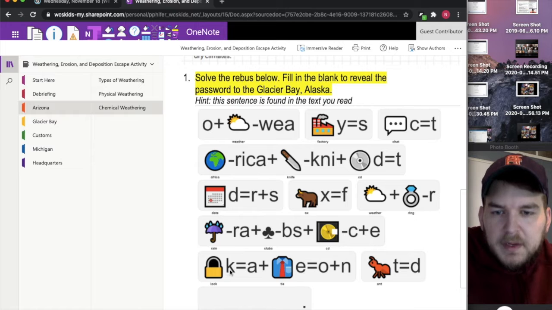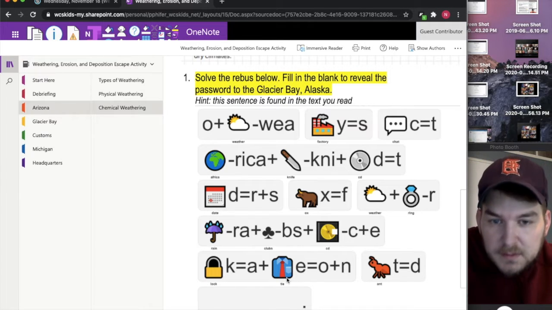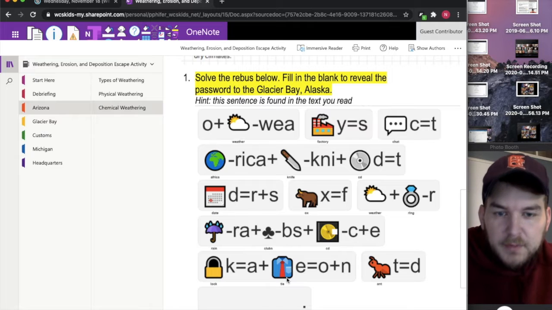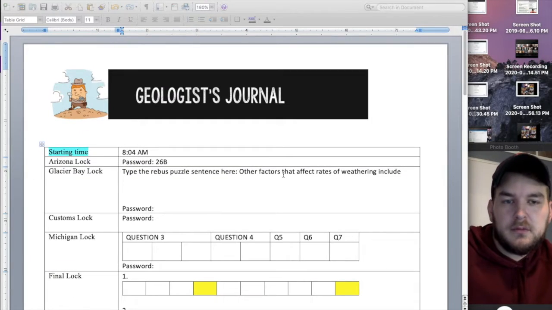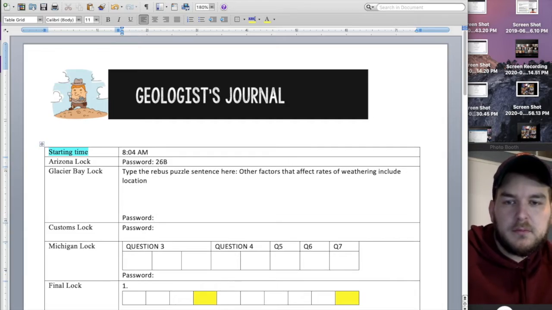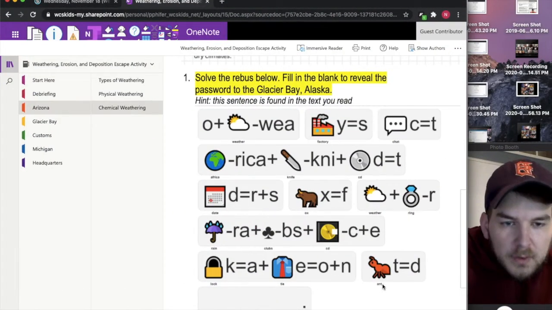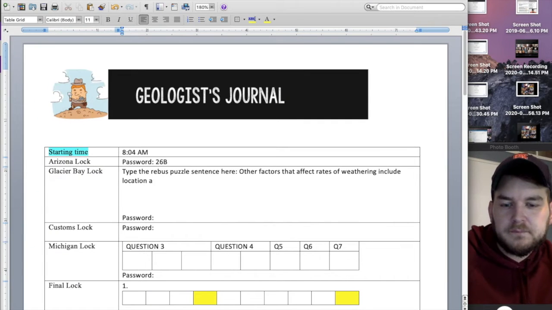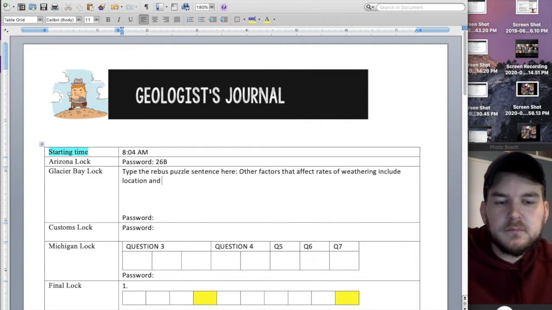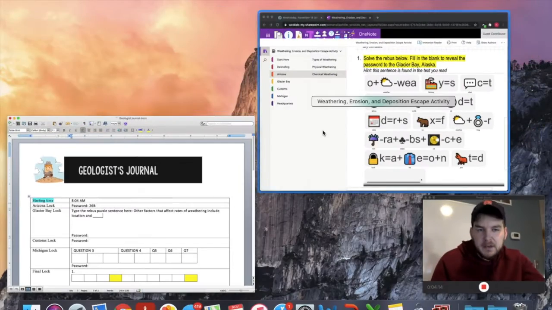Lock, but the K equals an A, so LOCA, plus tie, but the E equals an O, so TIO, LOCA, TIO, plus N, location. Ant, but the T equals a D, and. And so we are left then with the blank.